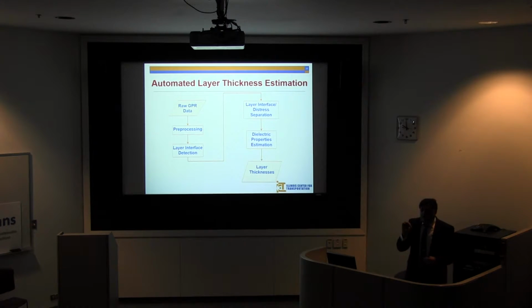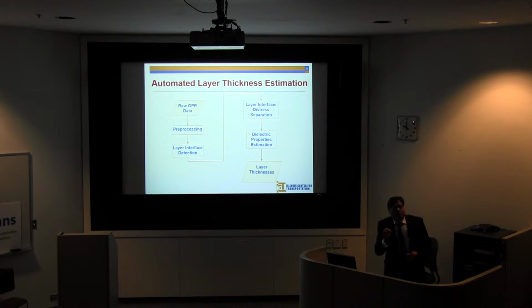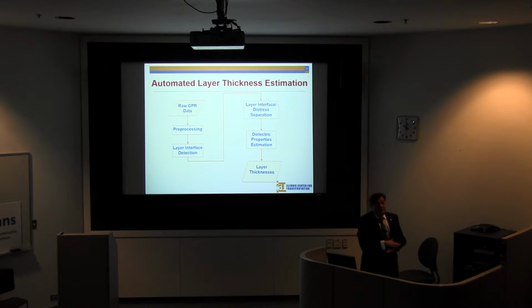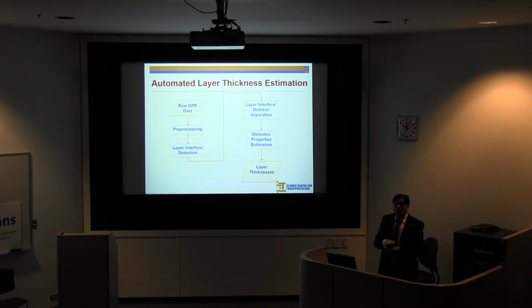Before I go further, I wanted to emphasize one important point here: GPR is not an X-ray, okay? Everything depends on the dielectric constant. Let's assume that you have a concrete pavement, and underneath it a cement-treated base layer. These are completely different in strength, in modulus, completely two different materials, right?